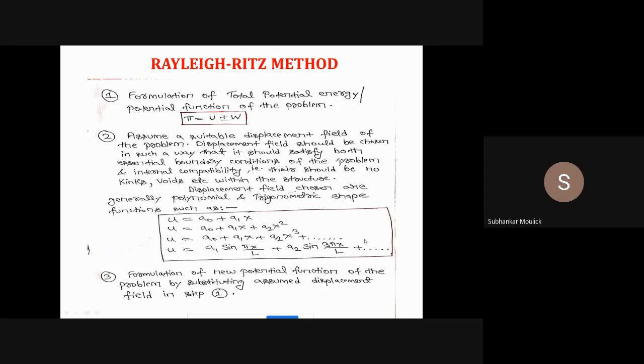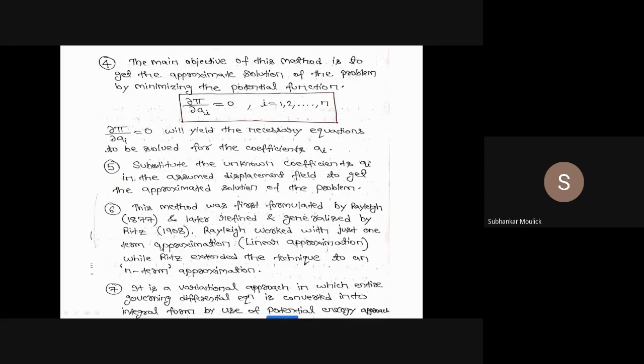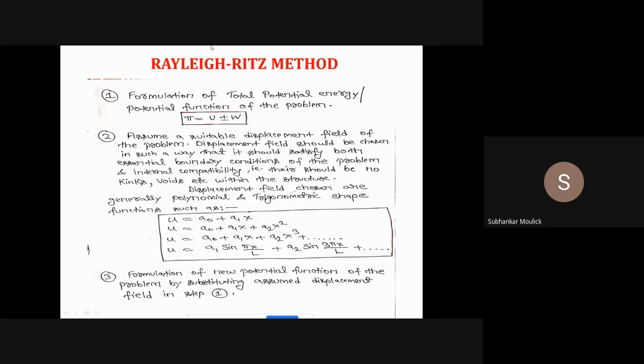Then that assumed displacement field will be your approximate solution of the problem. This is the last step of the Rayleigh-Ritz method. Is it clear? Yes, sir. Okay.